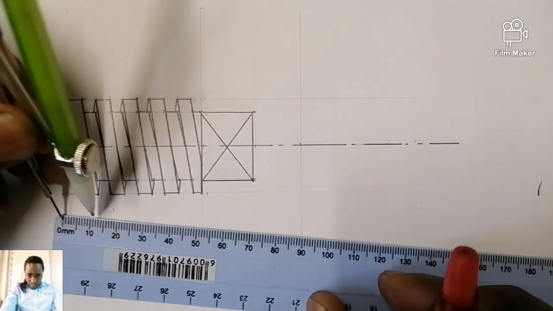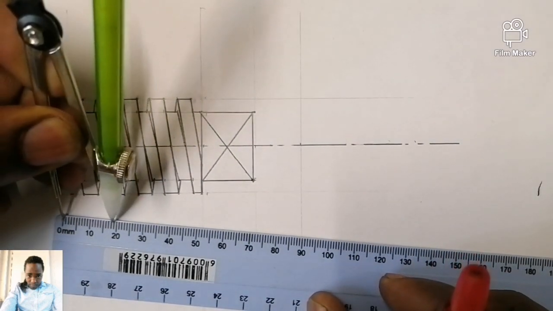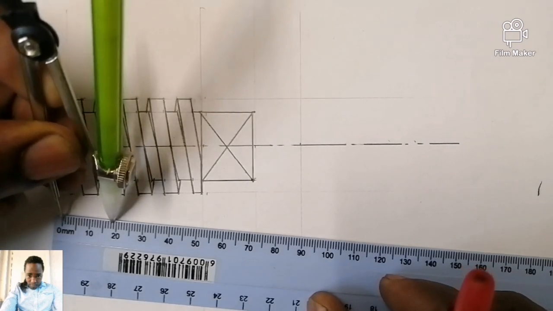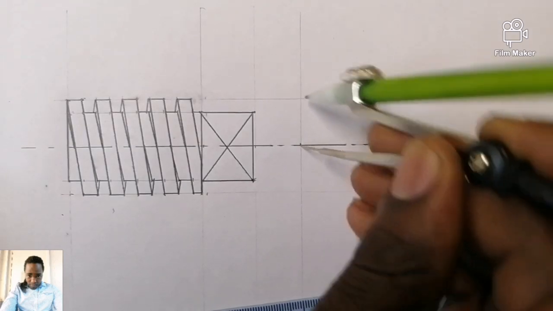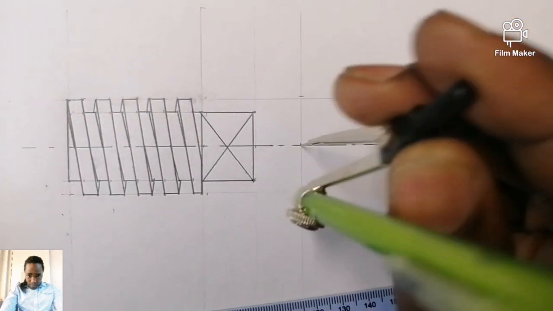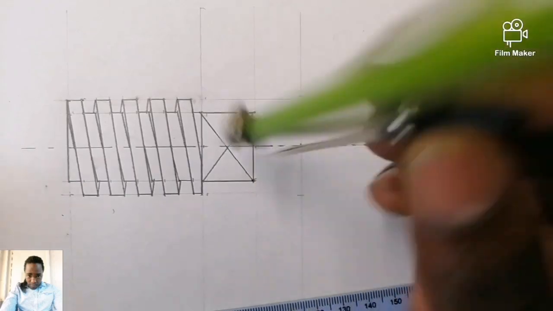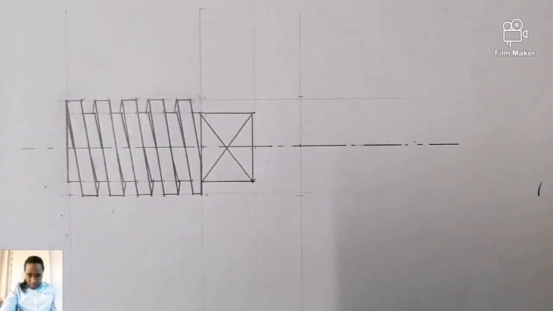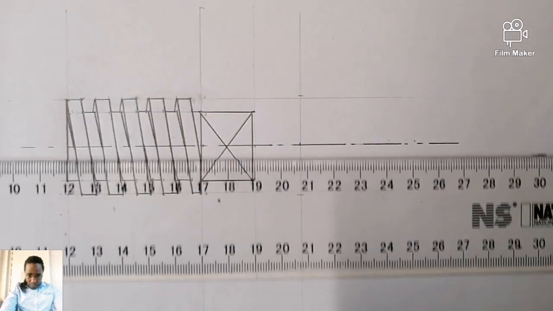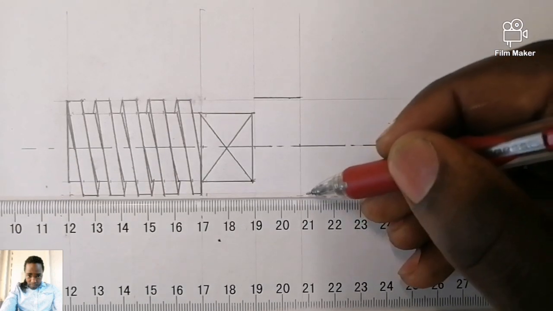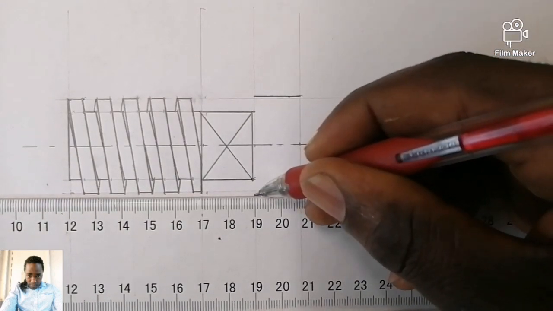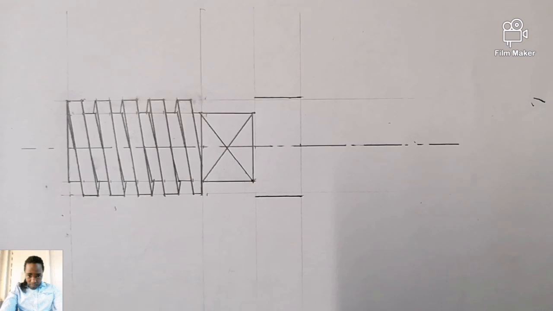This is 0, 15, 18.5. 18.5. Then come here to the center, strike an arc here, strike an arc there. 18.5. Get this one solid and solid. You understand?